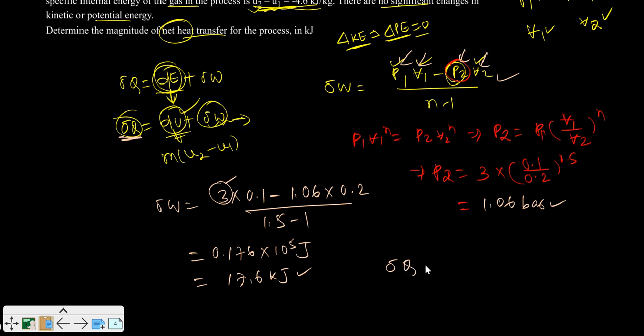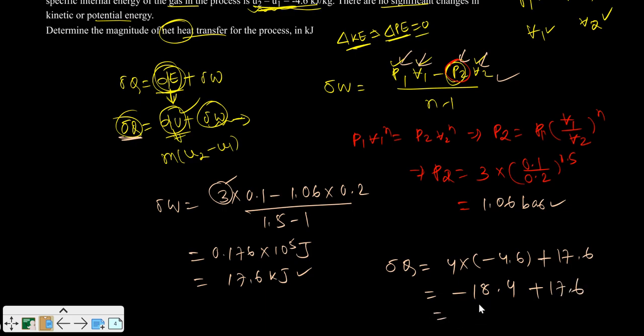So del Q will be equal to what? m du, that is, m is given as 4 over here, and u2 minus u1 is minus 4.6, and here plus this 17.6, and here 4 into 4.6, that will be equal to minus 18.4 plus 17.6.